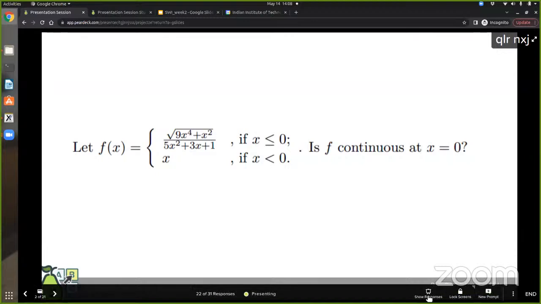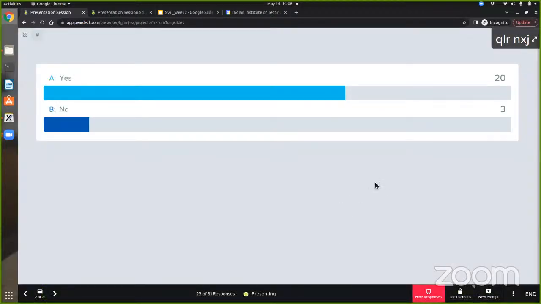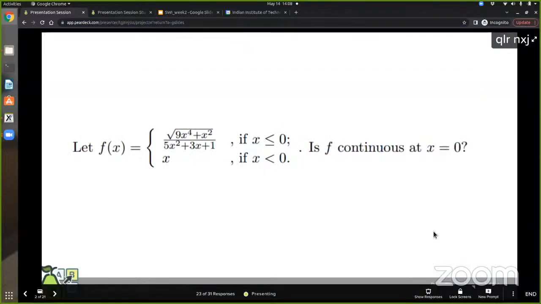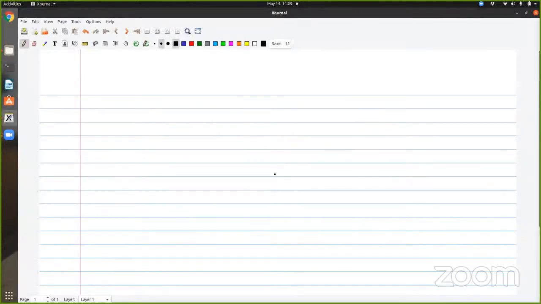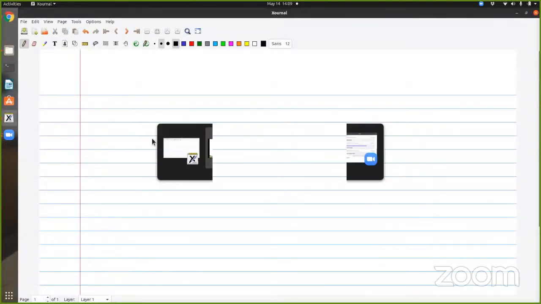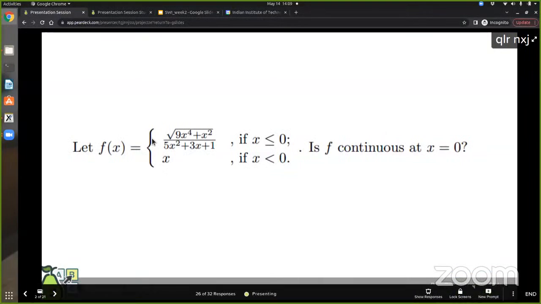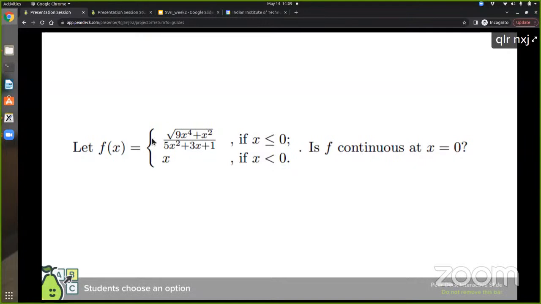Okay, let me take a look at the responses. Three people have filled in no, which is incorrect. So let's quickly see how that is. This is the function that is given, less than equal to 0 and greater than 0.